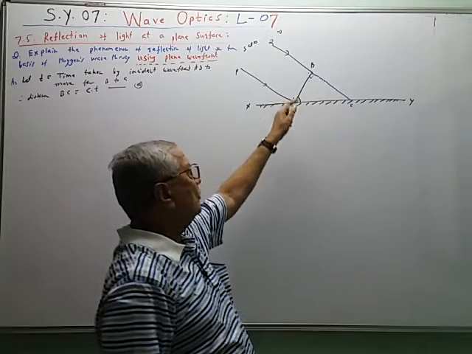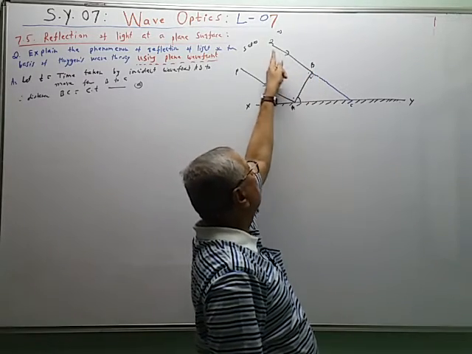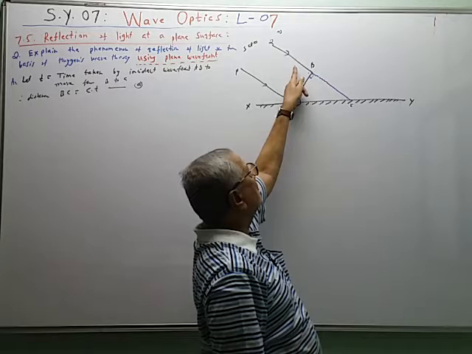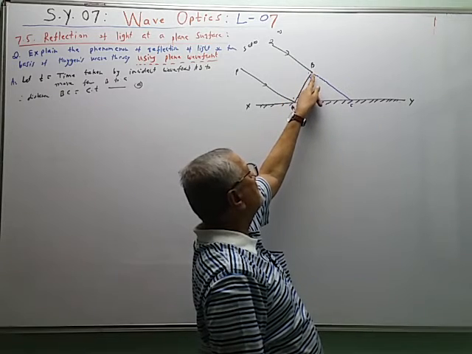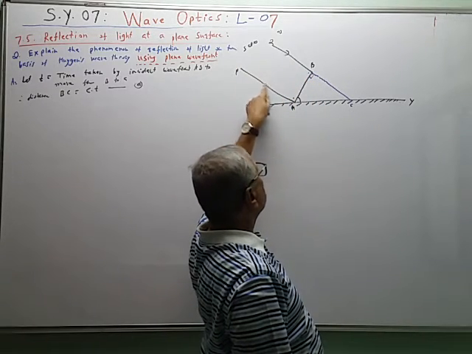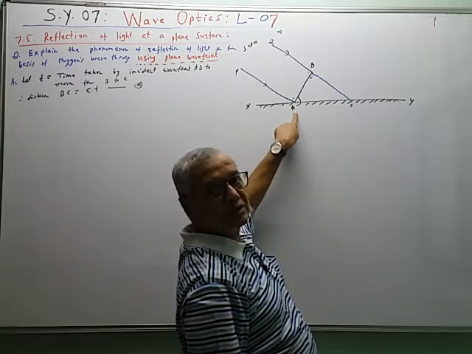Now, when the primary wave moving along QB reaches point C, the primary wave moving along PA will have reached point A on the surface XY.